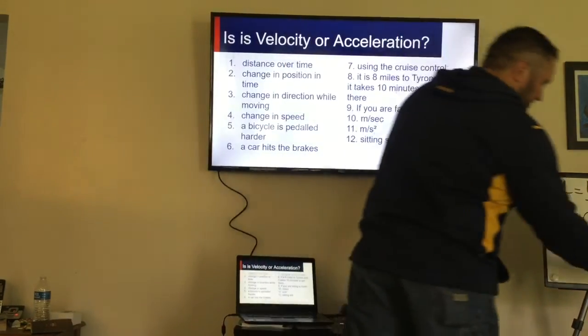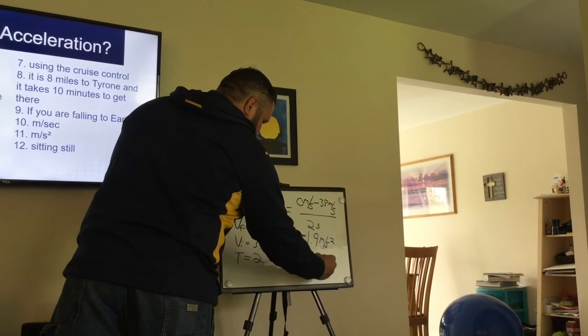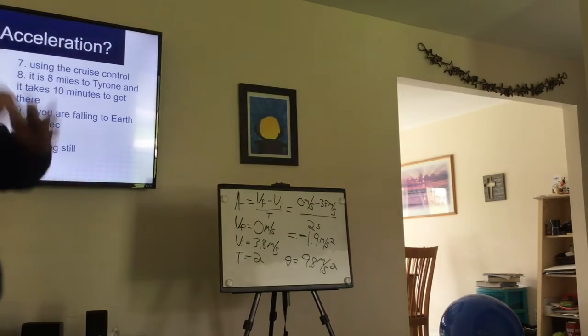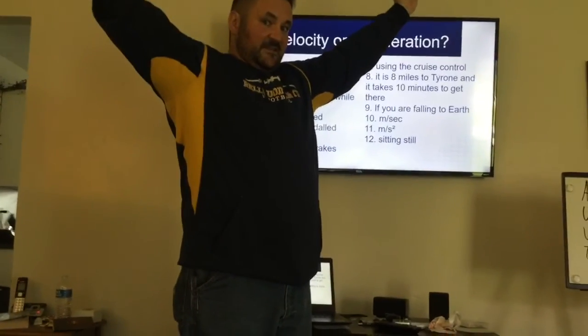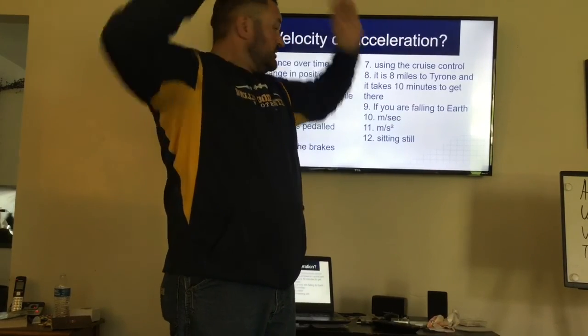Gravity, for those of you playing along at home, is 9.8 meters per second squared, so it is an acceleration. If you're using units of meters per second, it is velocity. Meters per second squared, acceleration.